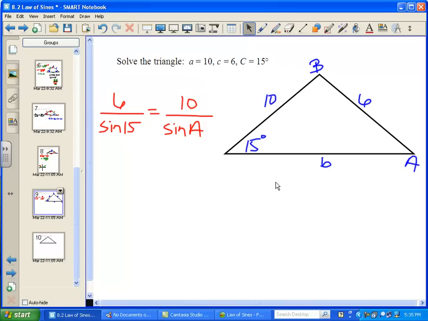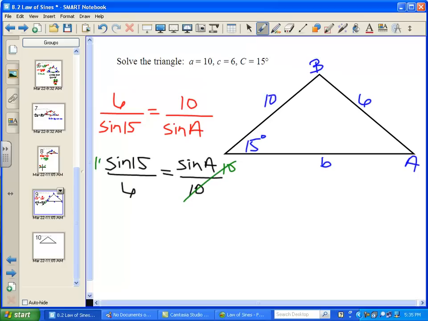So it would probably be more beneficial to set this up as sine 15 over 6 is equal to the sine of A over 10. Okay, and if I multiply both sides by 10, then I've got the sine of A is equal to 10 times sine 15 over 6.